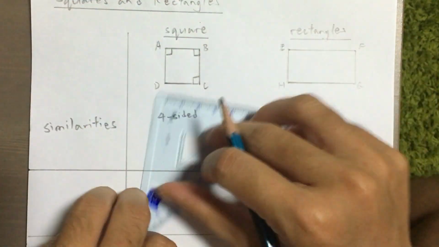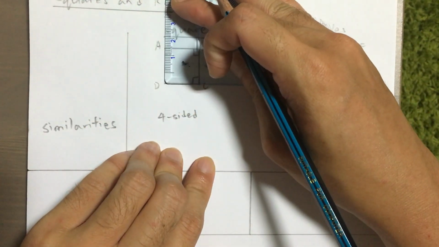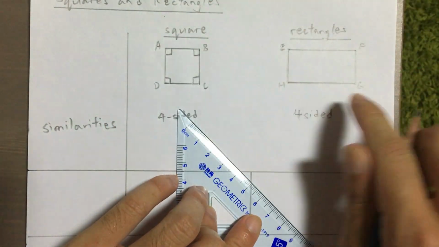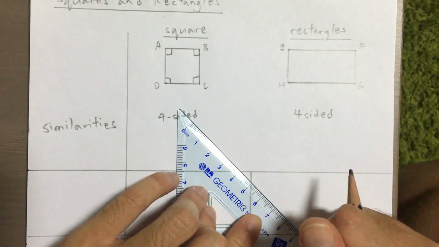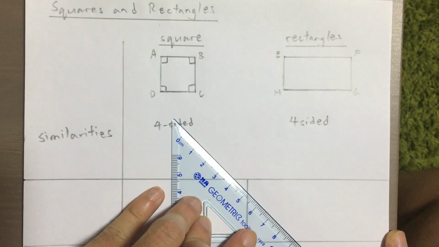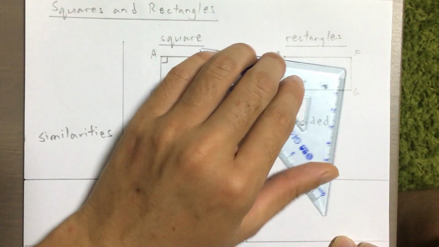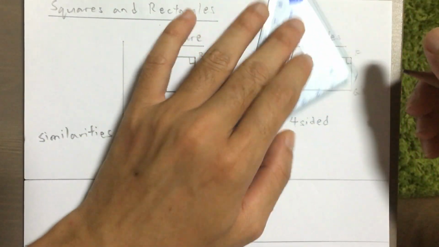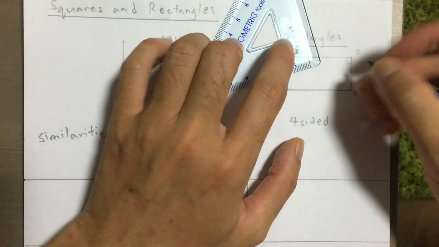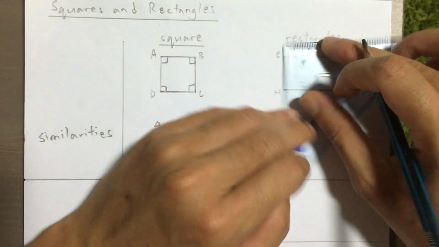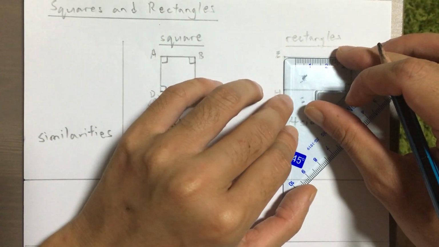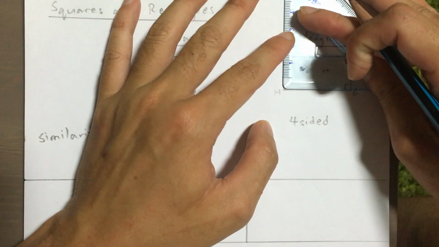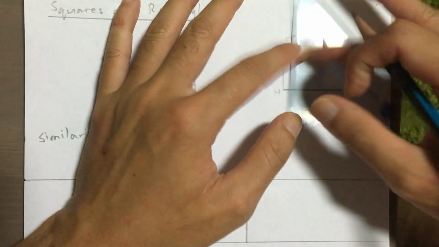How about this? Right angle as well. We're going to do the same for all four corners, all four angles of the rectangle. Right angle for this. Over here, right angle for this as well. This is a right angle. And the last one, we can probably predict that it's going to be a right angle as well.